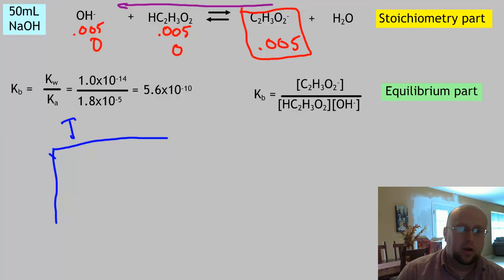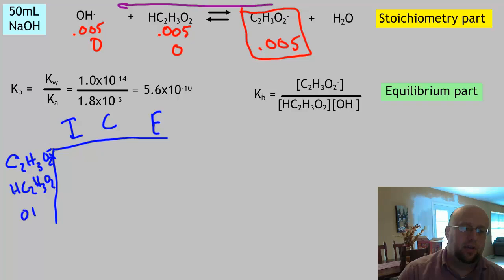Well, a little bit, because this time I'm going to use these particular ions in my ice table. So I've got the acetate, and then I've got the actual acetic acid, and I've got the OH minus. Now remember, if we plug in everything, I've got 0.005. Whoops.